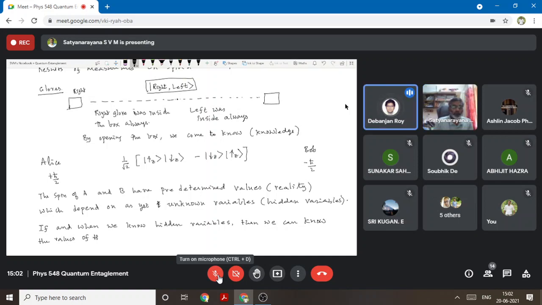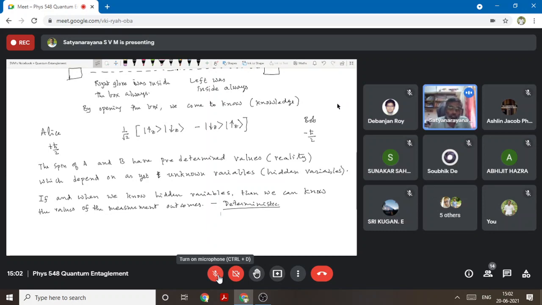Sir, I'm talking about the Copenhagen interpretation. So this is kind of deterministic. Now we are not having a deterministic scenario because we don't know the hidden variables. But if you know the hidden variables, then I can tell you, if this is the hidden variable, this is going to be the answer. If this is the hidden variable, this is going to be the answer. Like that, I can tell. That is the conclusion.